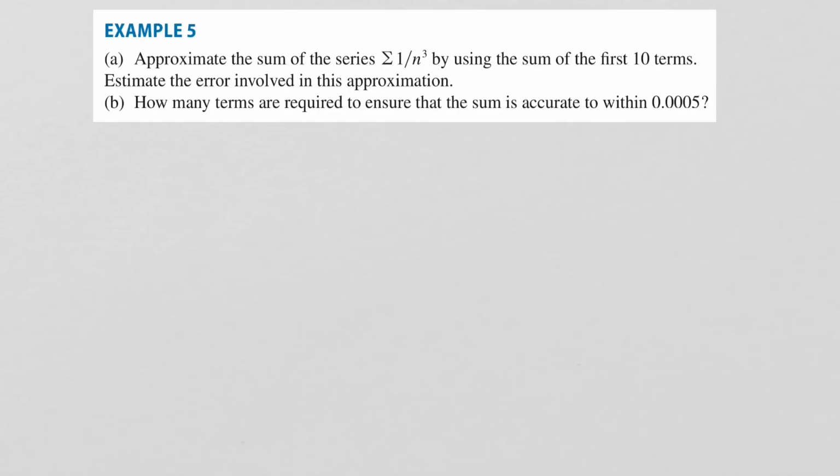So for example, approximate the sum of the series summation 1 over n cubed by using the sum of the first 10 terms, and then estimate the error involved in this approximation. So again, we know that the sum of the first 10 terms is the sum k equals 1 to 10 of 1 divided by k cubed.